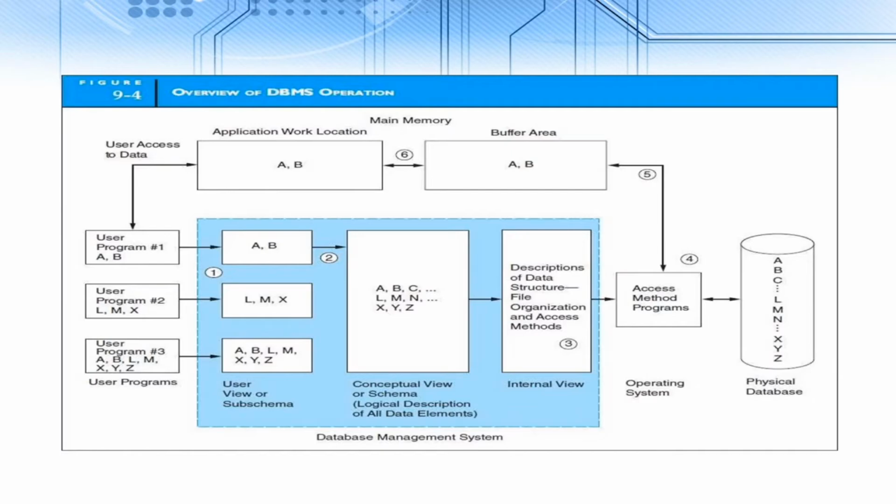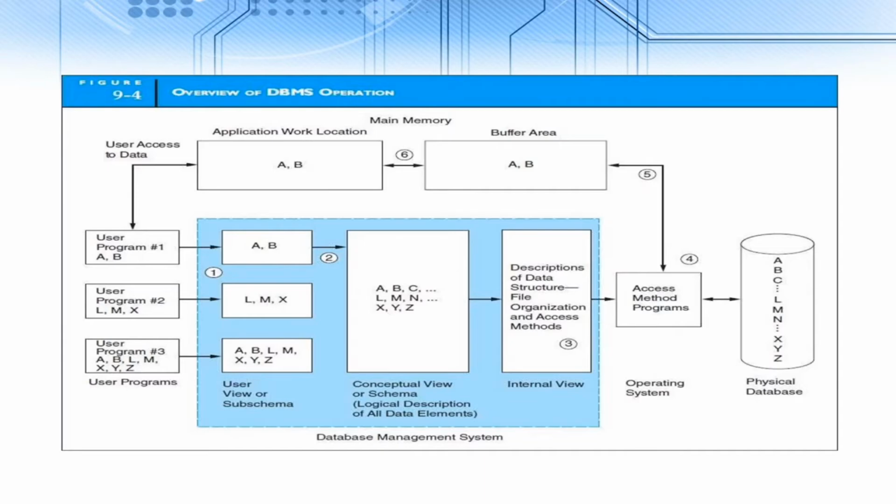And then the database management system analyzes the request by matching the call data elements against the user view and the conceptual view. And if the data request matches, it is authorized and processing proceeds to step 3. But if it does not match the views, the access is denied.